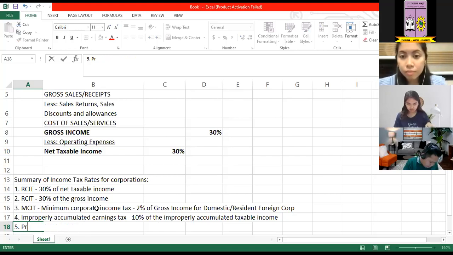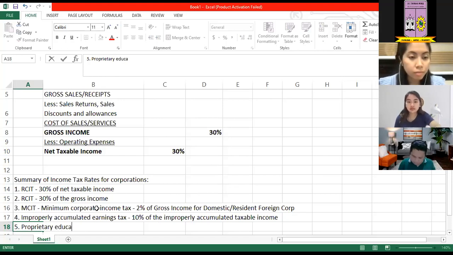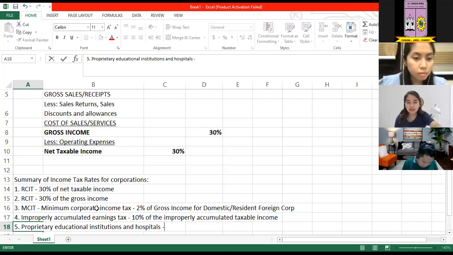Proprietary educational institutions and hospitals. So, 10% of the net taxable income. Okay?